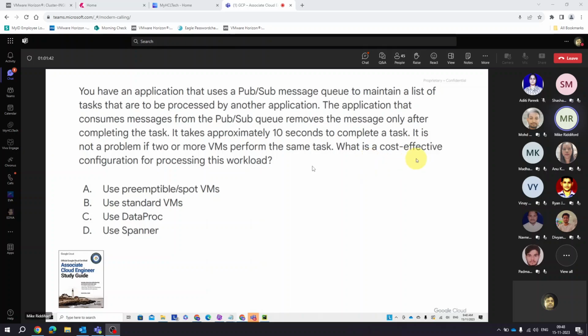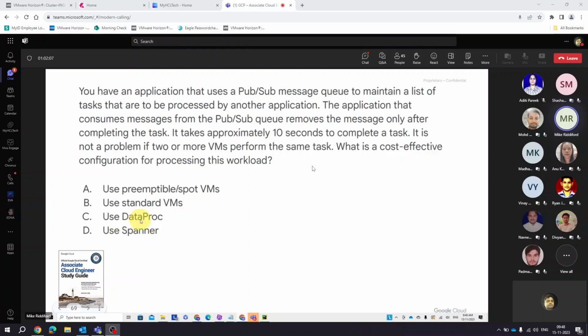What is a cost-effective configuration? Now, we can eliminate one answer here, Spanner, because Spanner is not really a processing option. It's talking here about VMs, so it's definitely not Spanner.